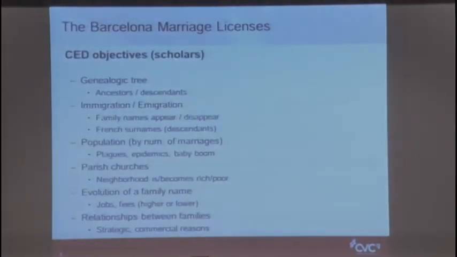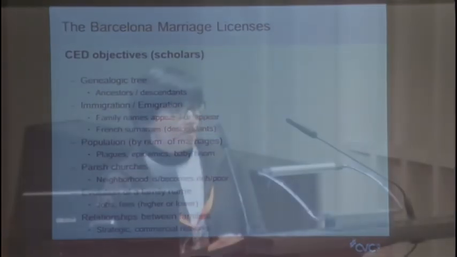So from the demographers', historians', or genealogists' point of view, from the scholars, they are interested in, of course, the genealogic tree. Just imagine 5 centuries, so we could get this. Also, immigration and emigration, because you could see the amount of marriages, and also if new surnames appear or disappear.